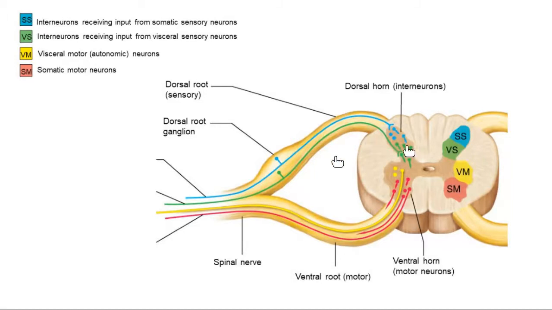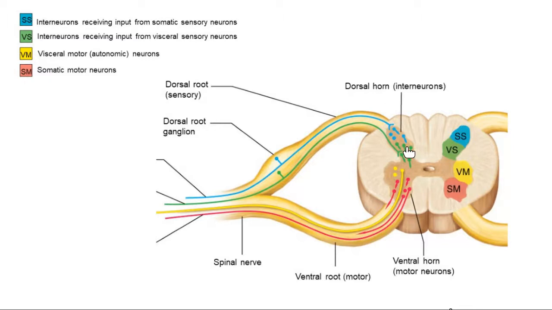Nope, these ones up here are my interneurons. So here's the dorsal horn. But I mean they're the neurons that collect the information that gets sent to the visceral, right? So I'm not going to be specific about the part of the dorsal horn where visceral sensory information goes.